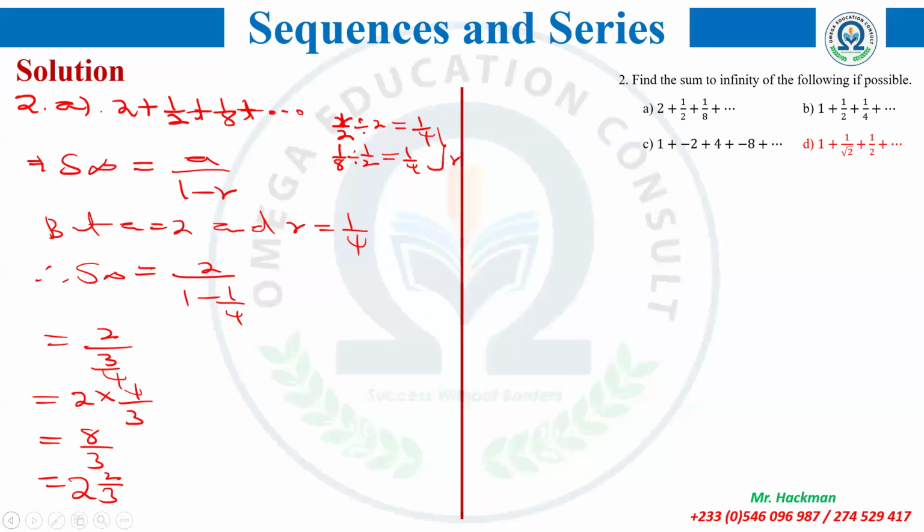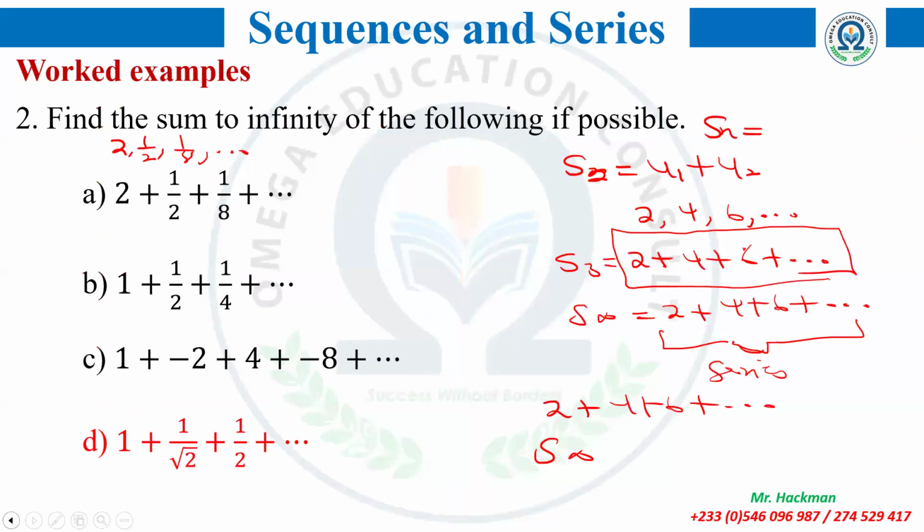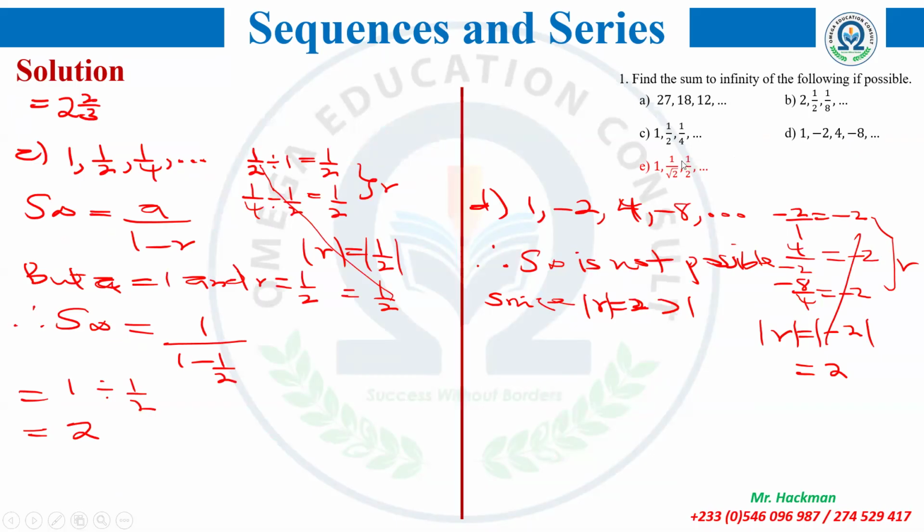I formed this one from this particular one, just as the rest. Check whether there is a common ratio, and find the ratio for this one. Let's do that together and see.